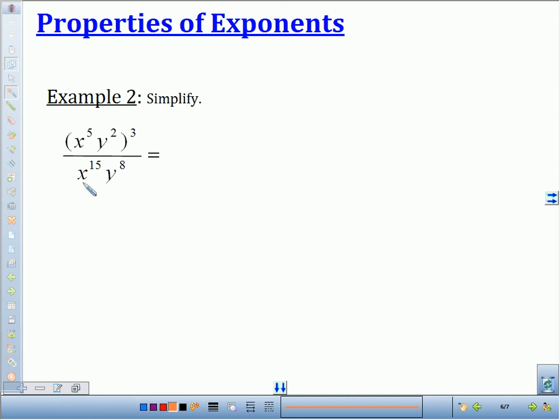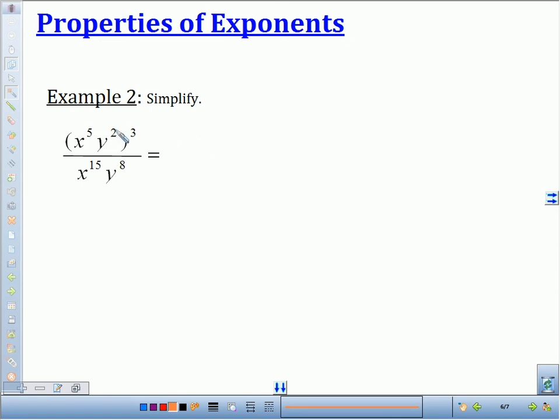Now, on the bottom, I have x to the 15th and y to the 8th. On the top, I have x to the 5th, y squared, all raised to the 3rd power. Well, since I'm raising this product to a power, I'm going to use the power of a product property. That's the 3rd one in our list.